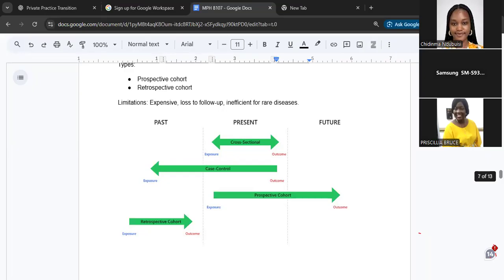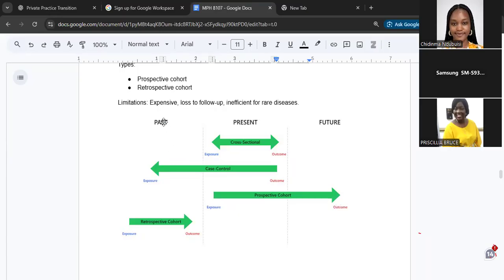So if you look at the arrows down on my screen, the two last arrows now, leave the ones up. Focus on the two last arrows. You will see that there it's written prospective cohorts for the one on top, and then retrospective cohorts. And if you see the start point, exposure to outcome.